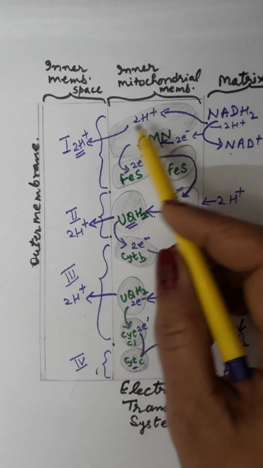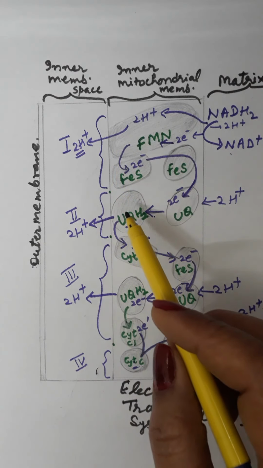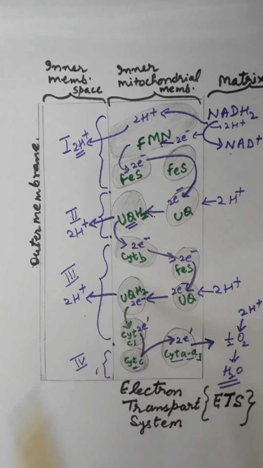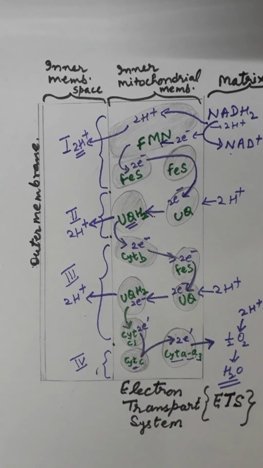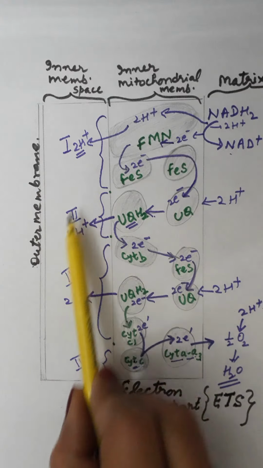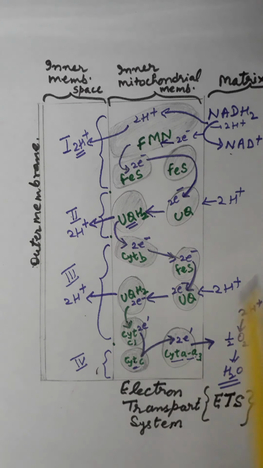When electrons pass from complex 1 to complex 2, complex 2 to complex 3, their energy is released and protons are shifting from the matrix to the inner membrane space. So there occurs a proton gradient. The concentration of protons becomes higher in the inner membrane space and fewer protons are present in the matrix. In this way, electrons are transferring through the electron transport system.